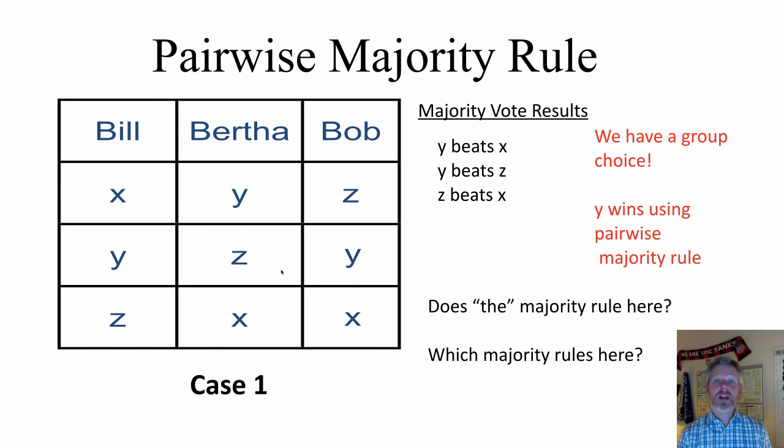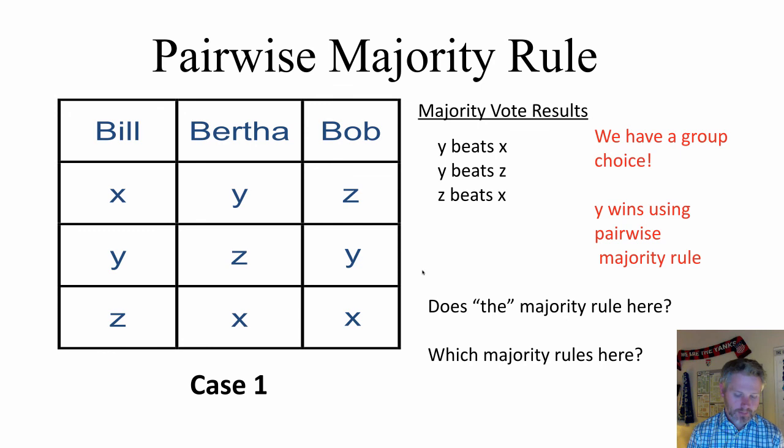So the majority does prefer Y to anything else, but it's a different majority for each of these pairwise comparisons. So it's a strange thing to say that this is the will of the majority. There's no one majority that actually prefers Y to everything it's paired against. There are 2 different majorities who in these 2 cases prefer it.